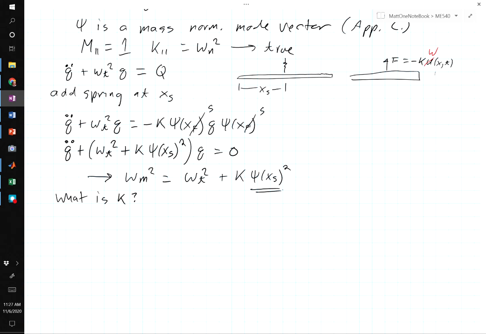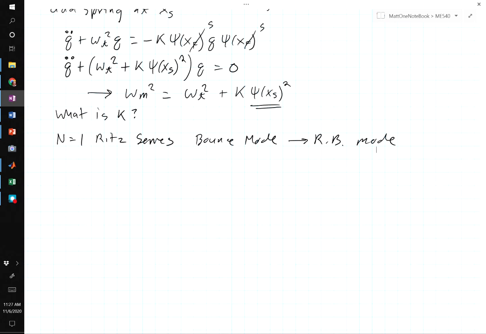So to make this more practical, once again, we'll make an n equals 1 term Ritz series using the bounce mode, or the rigid body mode. So now we're going to say that W is equal to psi of some rigid body mode times q of some rigid body mode.